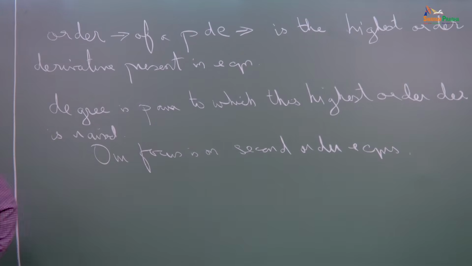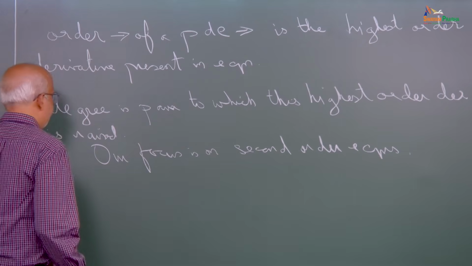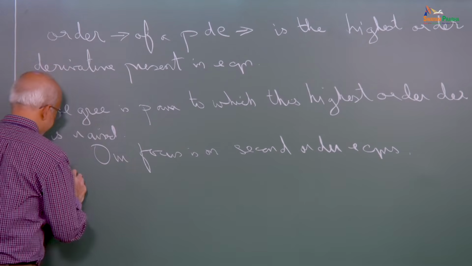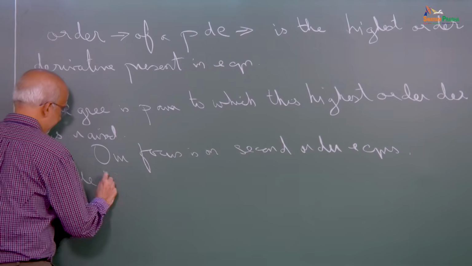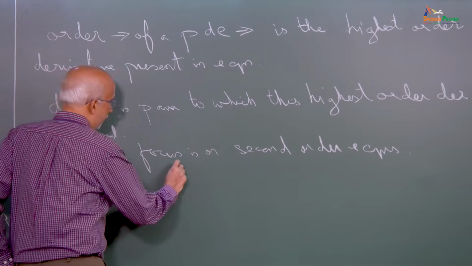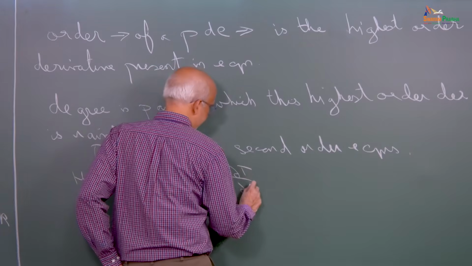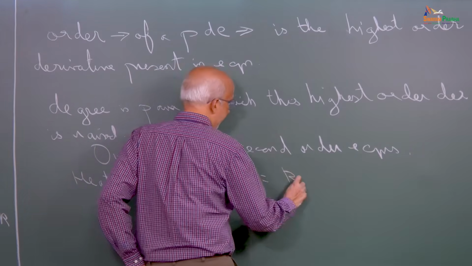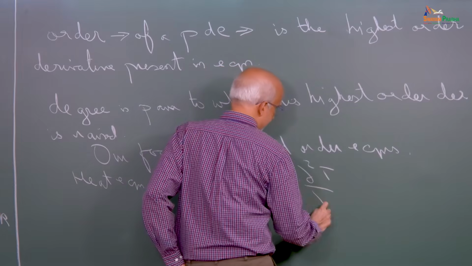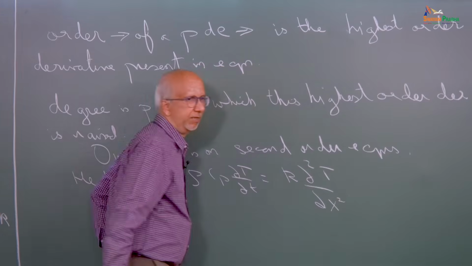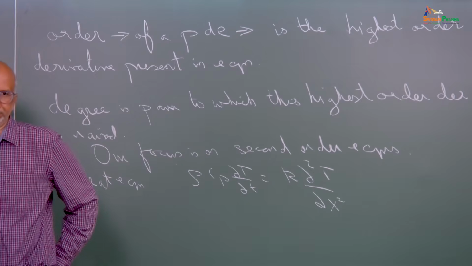Why second order equation? Because if you look at heat conduction, the heat equation, you will have rho Cp dT by dt equals k d square T by dx squared. That is a second order equation.